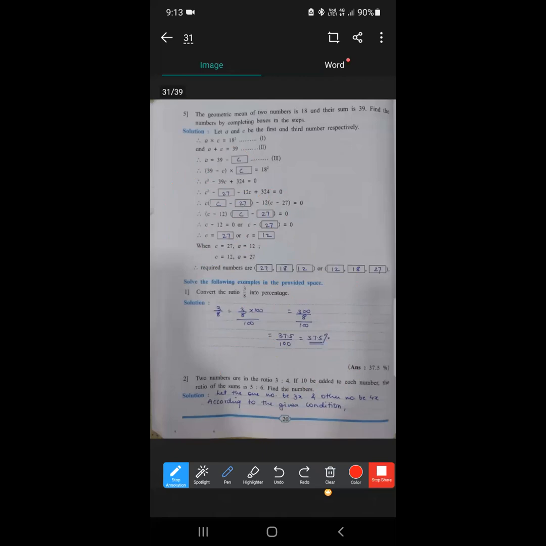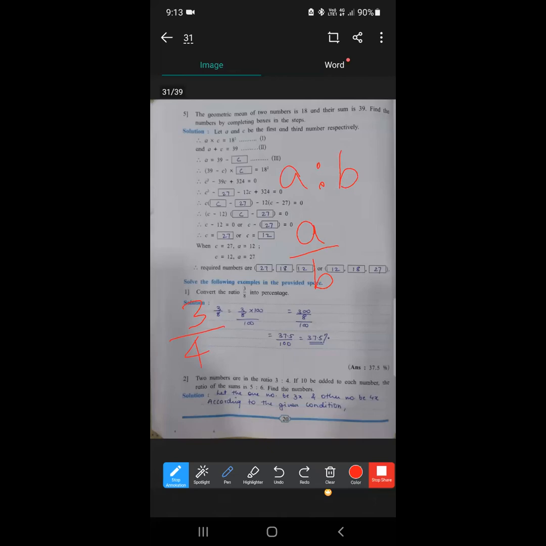Now students, whenever we talk about a ratio, it is generally written in the form A is to B, that is nothing but A upon B. So here are two numbers. We don't know which two numbers, but they are in the ratio 3 is to 4. 3 is to 4 means 3 upon 4.